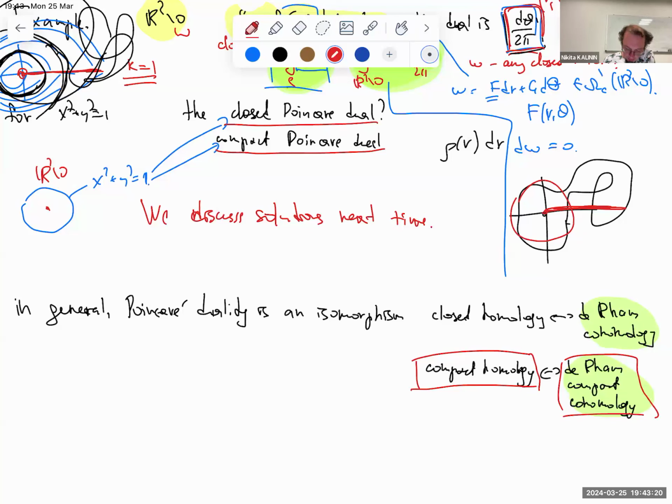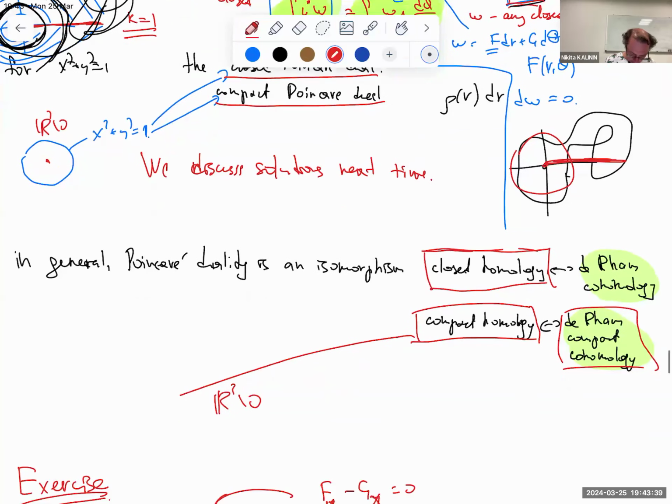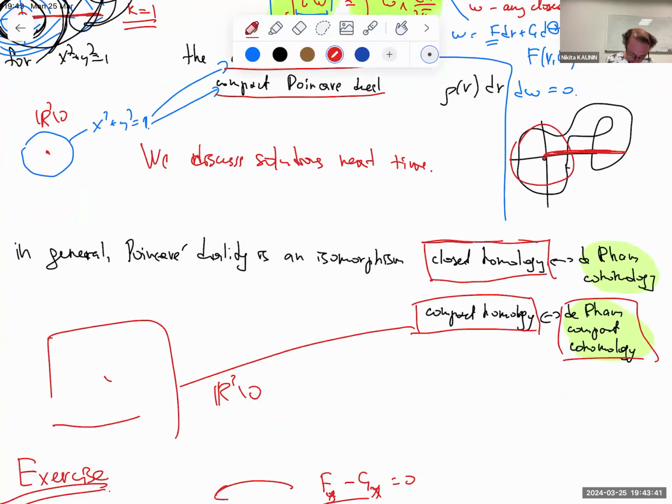But in closed homology, there is also a theory to do that. Here you allow infinite summation in chains. And then, for example, what would be the difference? If you have R2 without zero, then the circle around zero is a homology class, right? Because it's not a boundary of anything. But in closed homology, the circle is a boundary.